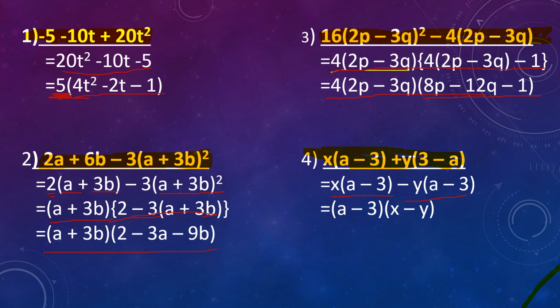Now when you have taken minus common out of 3 minus a, the terms will interchange their places. So the second term has turned to y times (a minus 3). Now you can see a minus 3 is common, take it common. The leftover is x minus y.